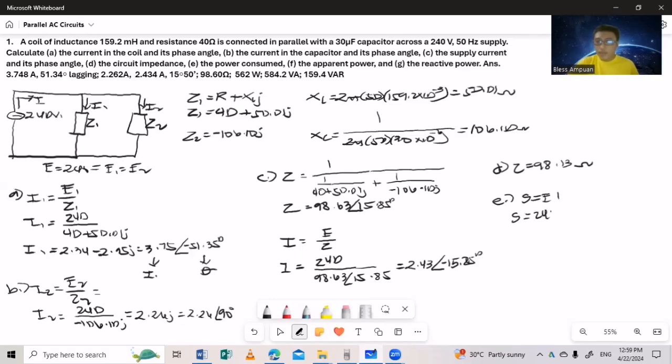We have here 240, and our current is 2.43 at the conjugate angle, which is positive 15.85. With this, we get our apparent power.